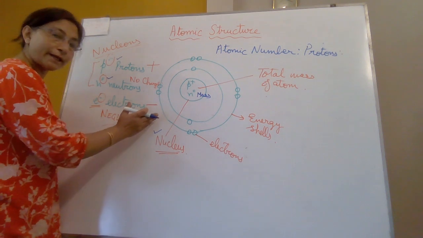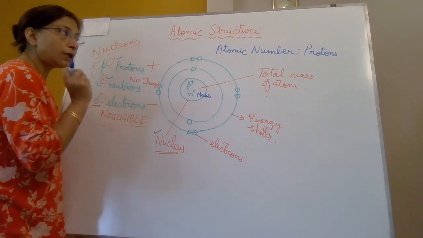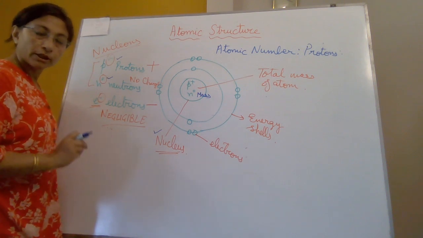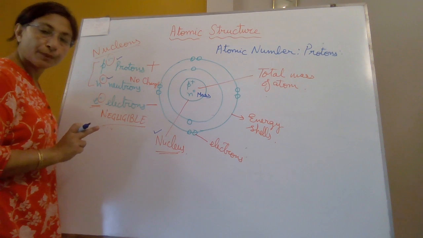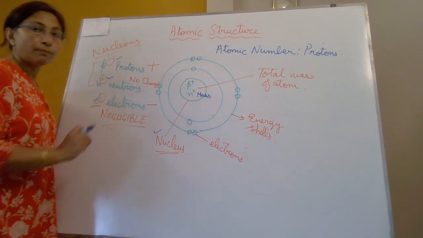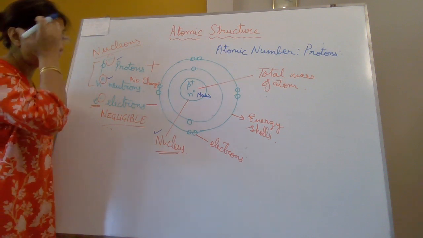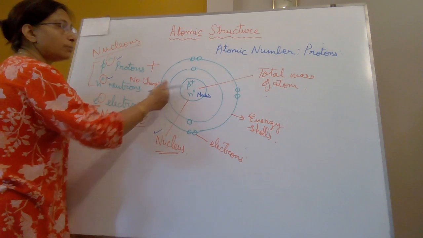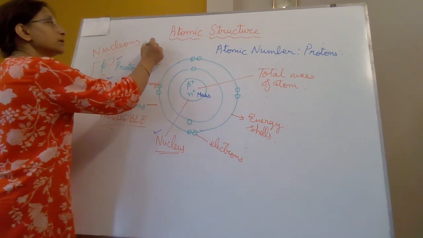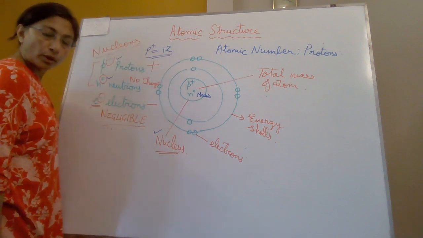So in order to identify the element, the number of protons if are known, then we know that this atom having this particular number of protons belong to this particular name of element. For example, suppose I say that the number of protons are 12. What does that mean?